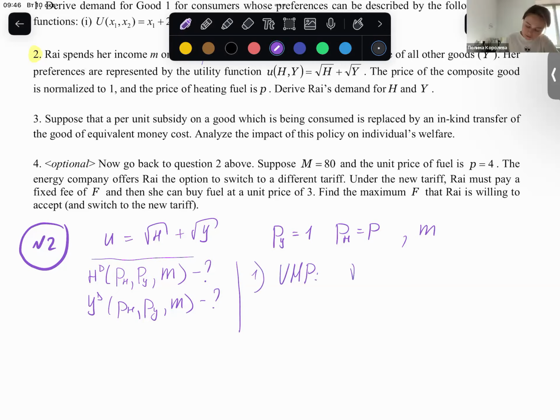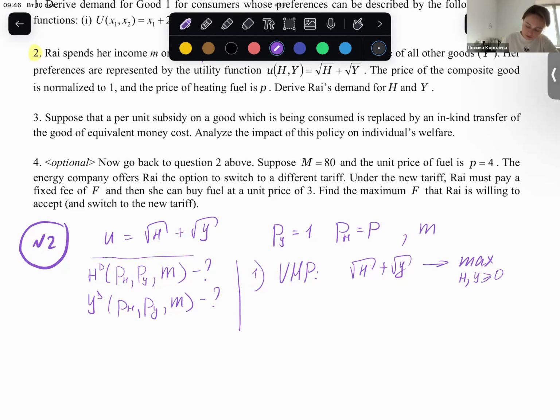So we write down our utility function. We want to get the highest level of satisfaction that is affordable for us. So we maximize our utility by choosing the bundle, by choosing how much heating we will buy and how much of the composite good we will consume, subject to our budget constraint.